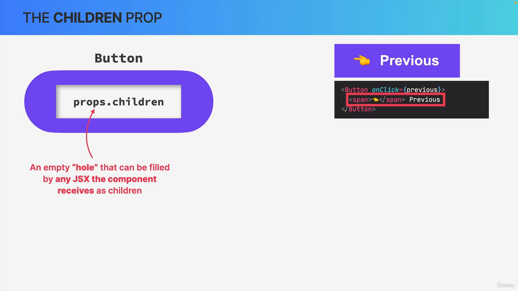So just like in HTML, we can write anything that we want between the opening and the closing tag of the component that we are using. So in this example, this piece of JSX creates the elements that are then the children of the button component, and they will then be accessible inside that button as props.children. So that's why we say it is the children prop.